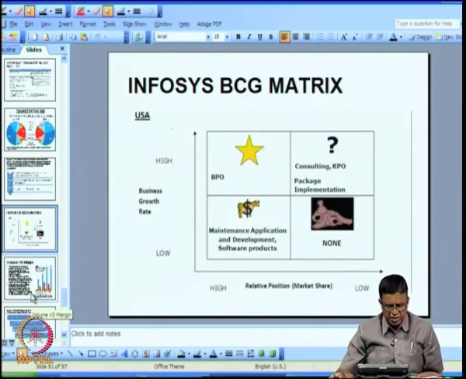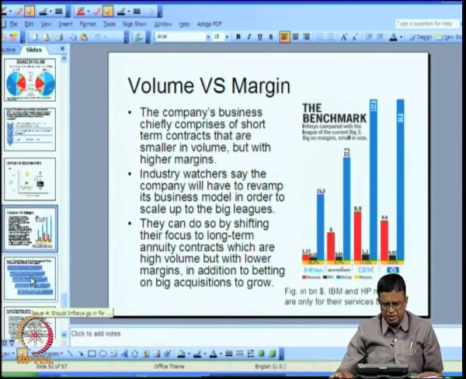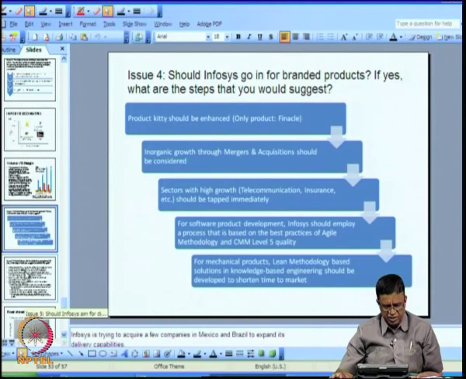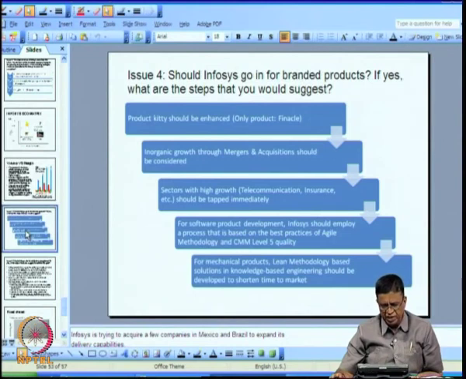So, given the BCG matrix with respect to Infosys, that is USCA, then given the benchmark, should Infosys go in for branded products? Only one branded product is there of Infosys, that is Finacle. So, it may be better. What do they say?